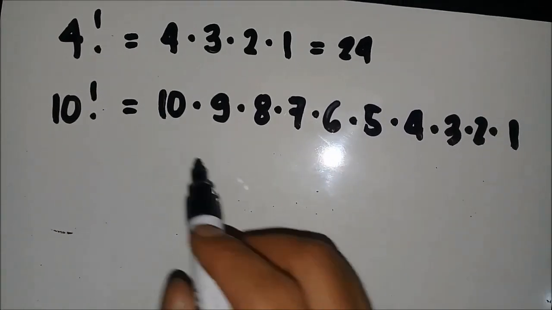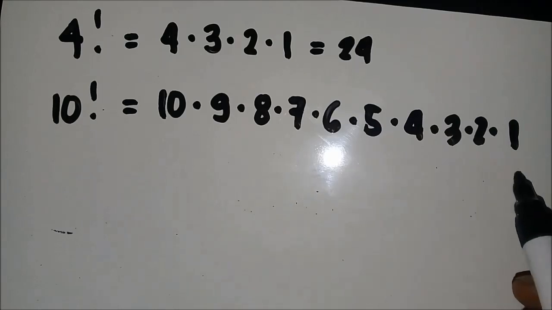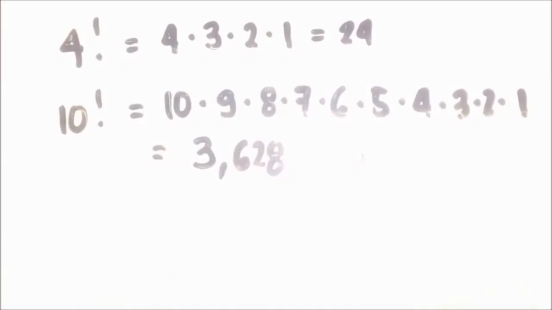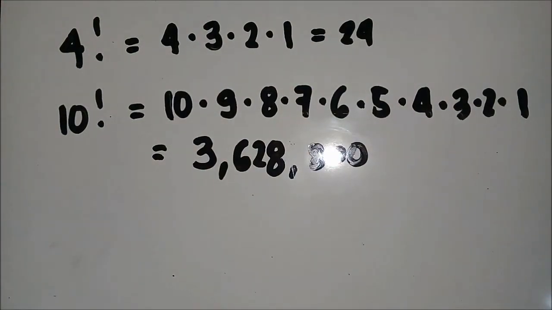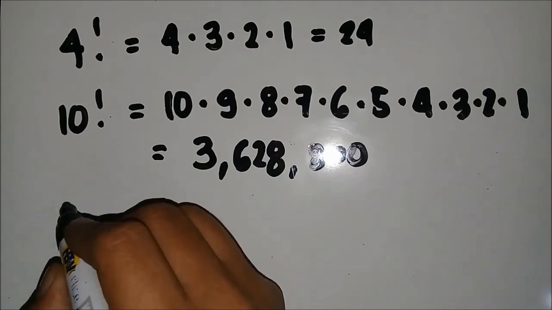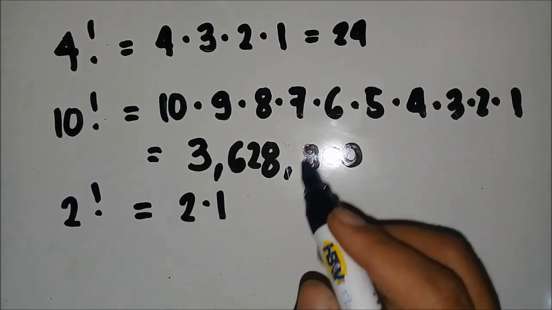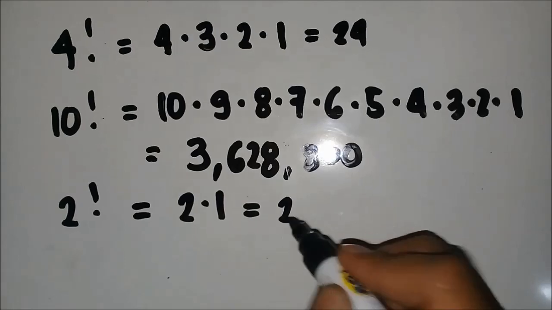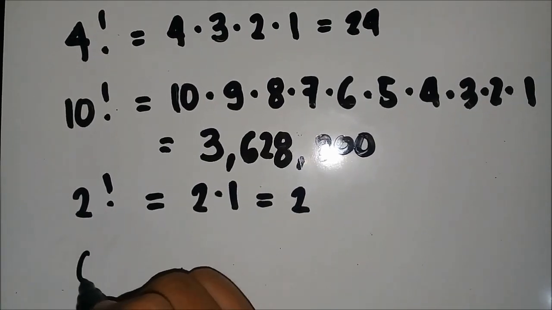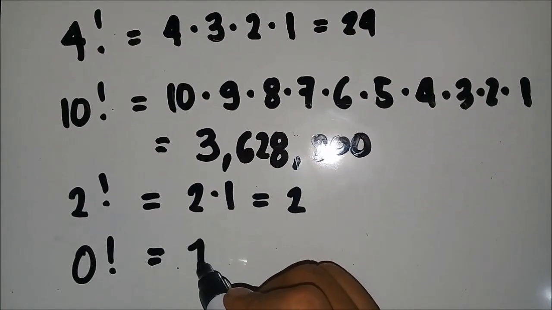If you multiply this, the product is 3,628,800. If we want the value of 2 factorial, it is 2 times 1, which is 2. Remember, 0 factorial is equal to 1.